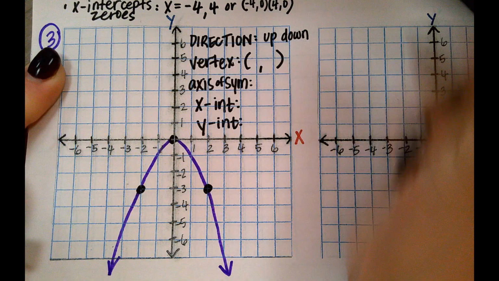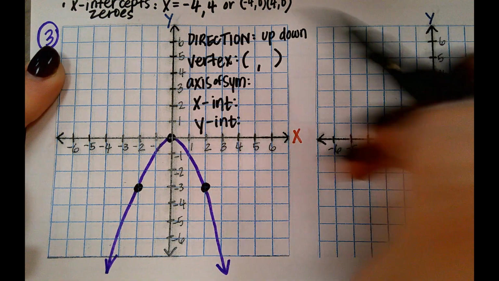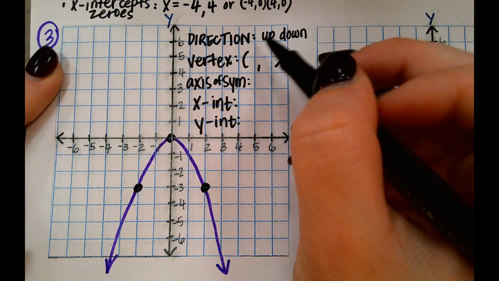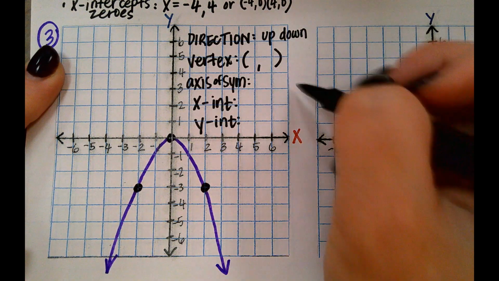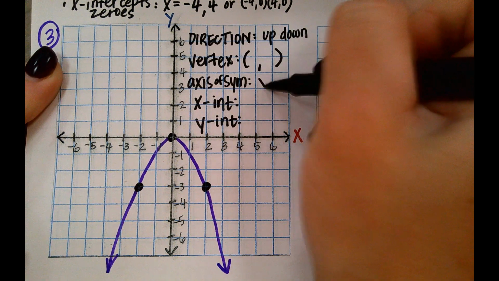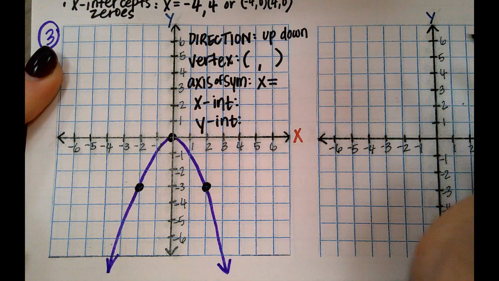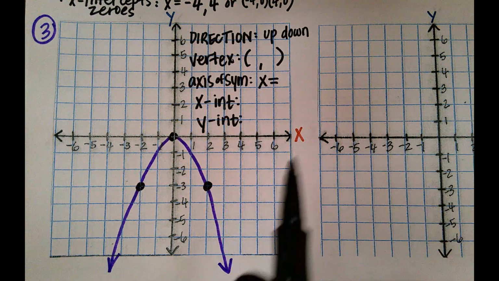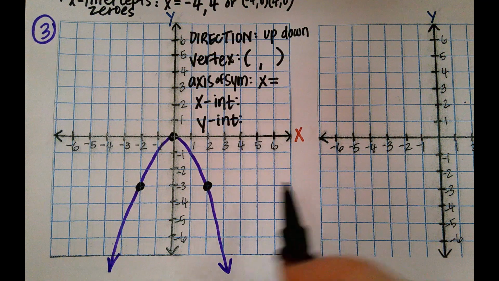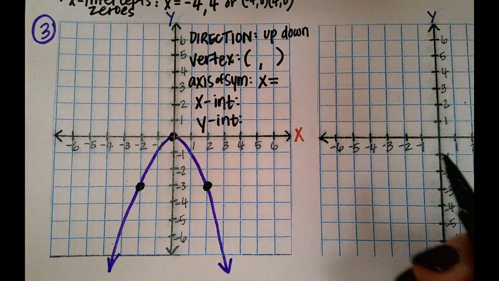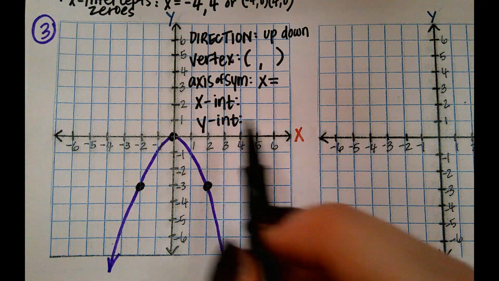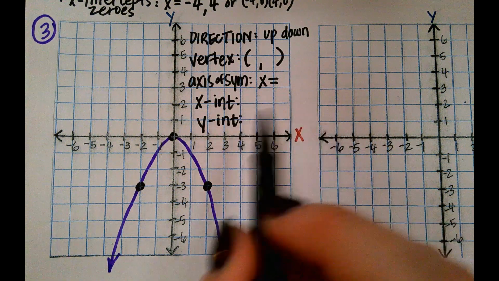And I'm going to write exactly what you will see on a quiz. You will get empty parentheses for the vertex. You will have the option to circle up or down. The axis of symmetry will already say x equals. And then your x-intercepts and y-intercepts, I think the way I have it is empty parentheses as well, but I might change that and just leave it blank so that you can decide how you want to fill those out.